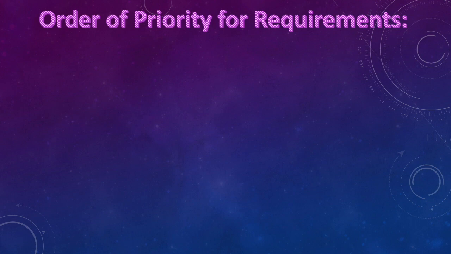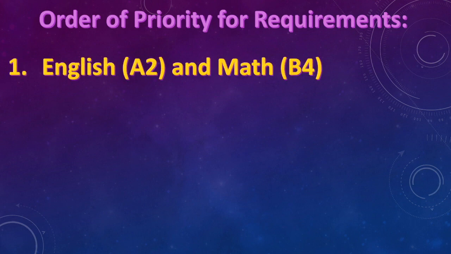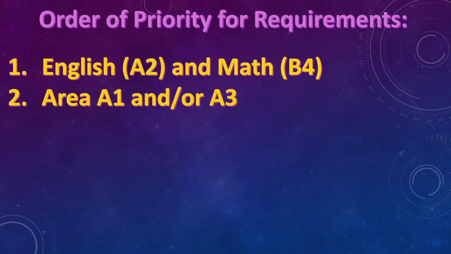Here is a general list of how to prioritize graduation requirements. First is English, GE Area A2, and Math, GE Area B4. Second, GE Area A1, Oral Communication, and/or A3, Critical Thinking.